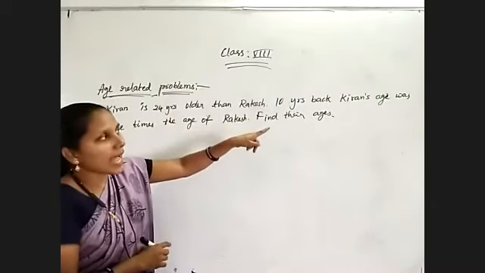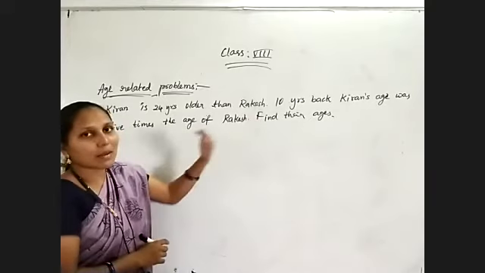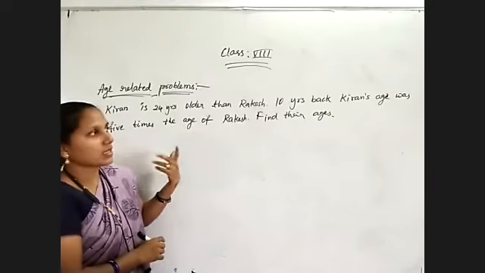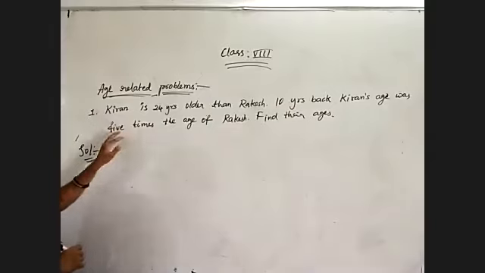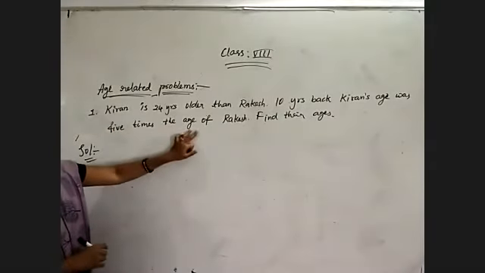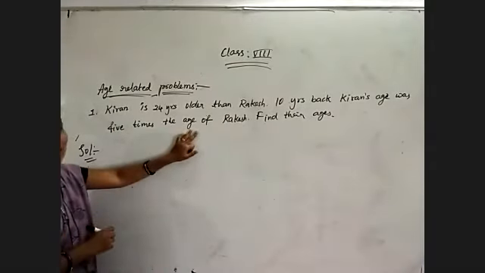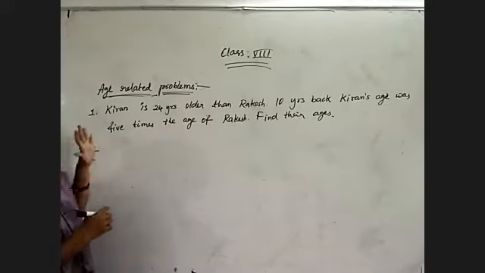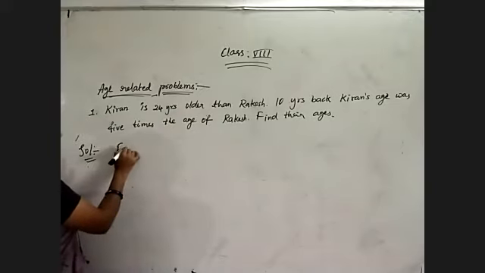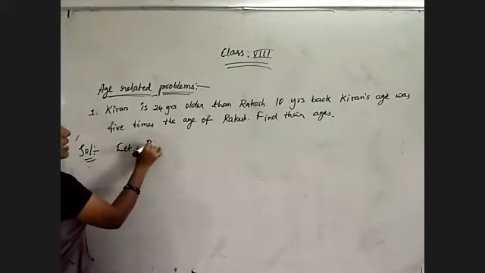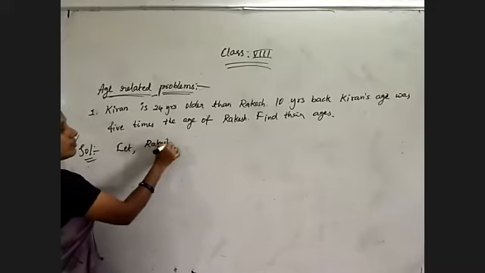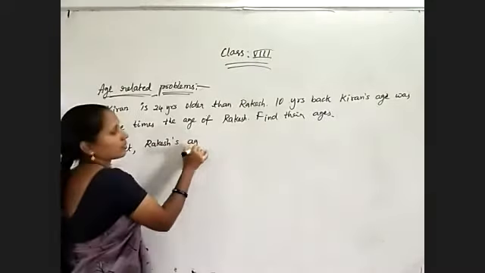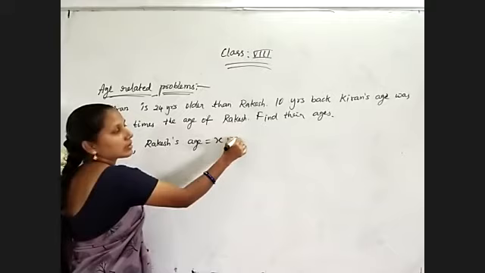10 years back, Kiran's age was, that means 10 years ago, means minus. Kiran's age was 5 times the age of Rakesh. So we need to find the ages of Kiran and Rakesh before 10 years. After that, we must use this relation. So given, let Rakesh's age be x years.